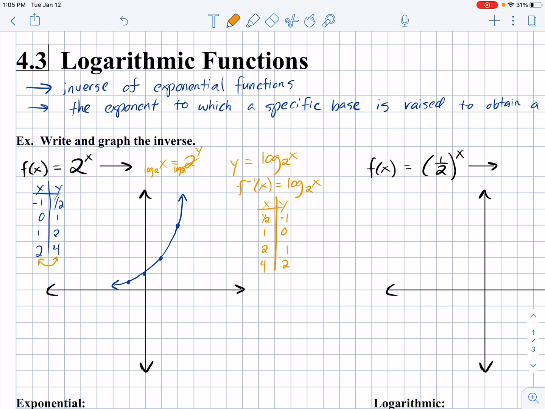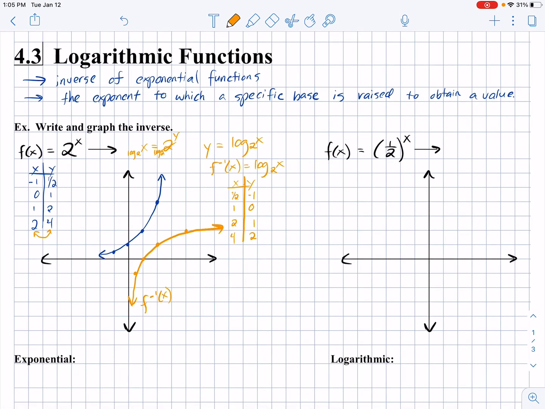And we'll go graph those points on the same graph: (1/2, -1), (1, 0), (2, 1), and (4, 2). Okay, so we have our inverse that looks like this. And that's what a logarithmic function looks like.